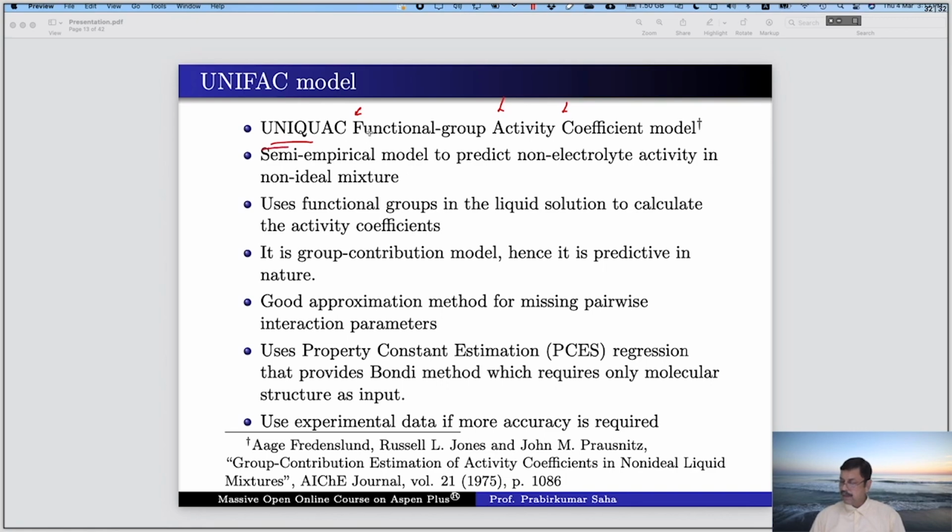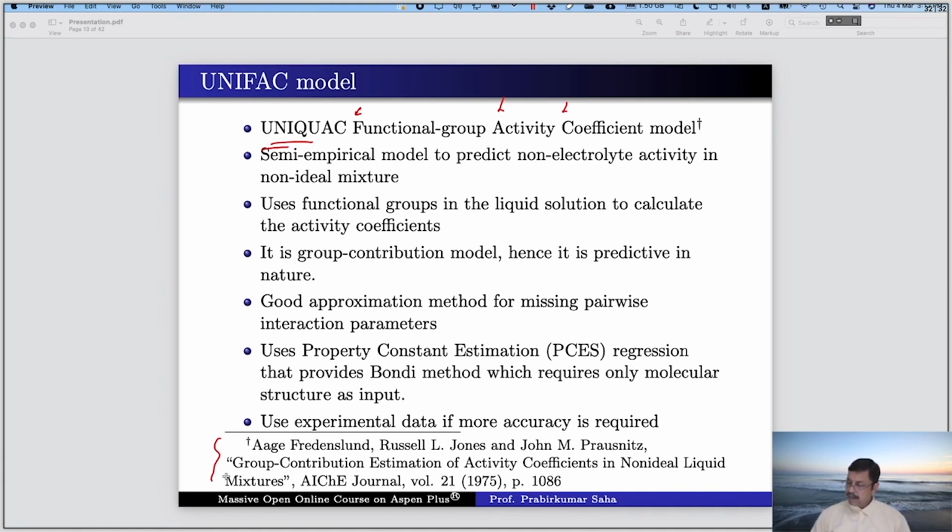It has been developed by Fredenslund, Jones and Prausnitz in 1975. It has been published in AIChE journal. So interested people can go and refer this particular journal paper to understand more of UNIFAC model.